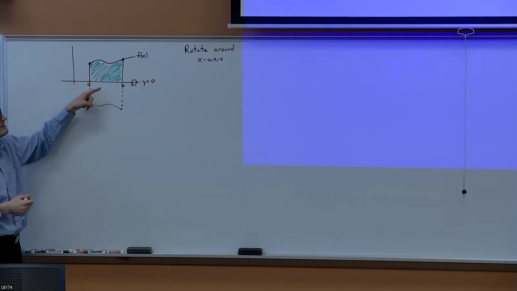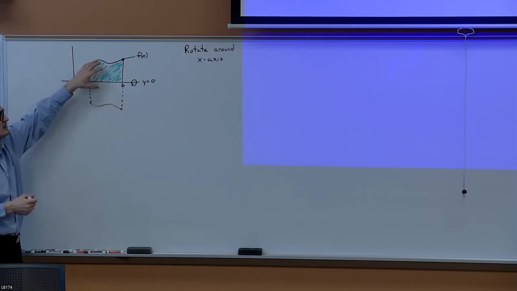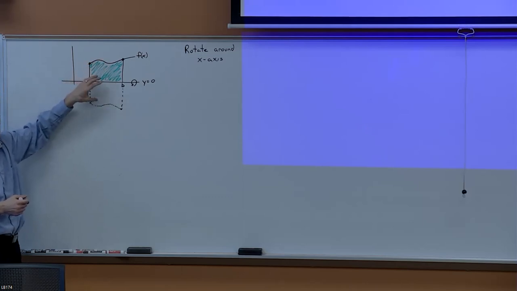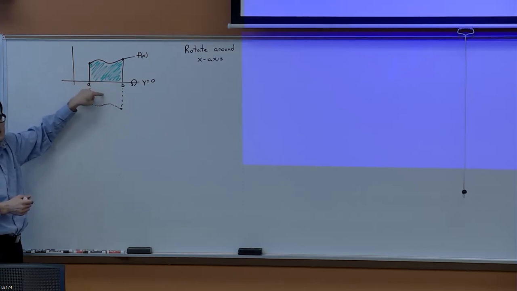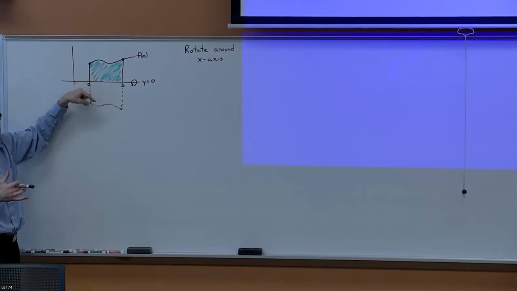By the way, a lot of times when I spin this, what I'll do is I'll draw the image of my area on the other side. This is not an official math thing, but I'll call this the ghost image. It's like the image of my area if it were to exist on the other side.